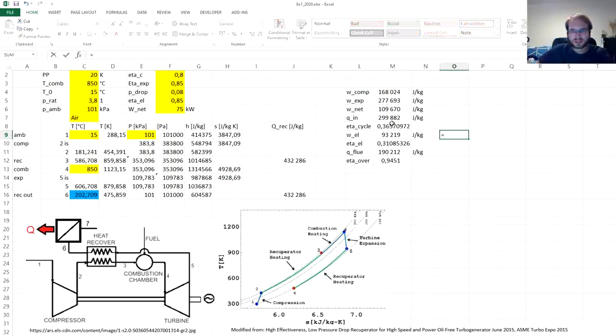Let's say this heat input here minus heat rejection here. You can see that the values are the same, but because of the electrical efficiency of the generator, there is another stream of heat, the waste heat from the generator at basically ambient temperature, which cannot be used for anything, but it's there.